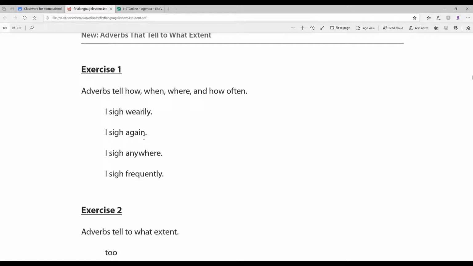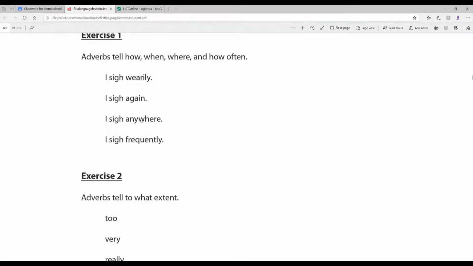When do you sigh? Again. So again is an adverb that tells when you sigh. Read this one out loud. Where do you sigh? Anywhere. So anywhere is an adverb that tells where you sigh. Read this one. How often do you sigh? Frequently. So frequently is an adverb that tells how often you sigh.